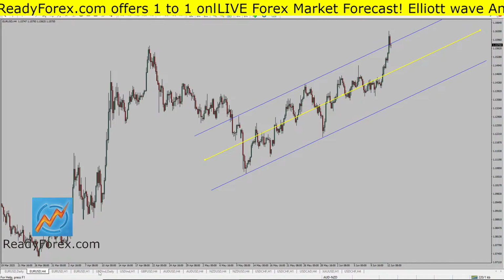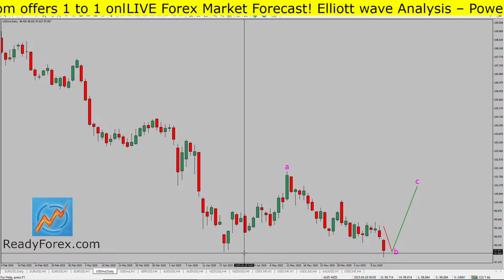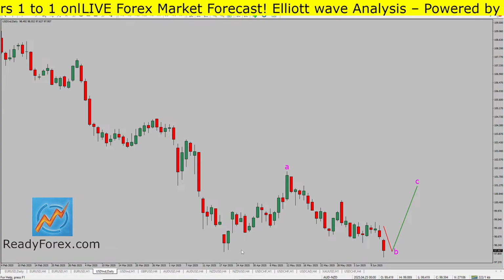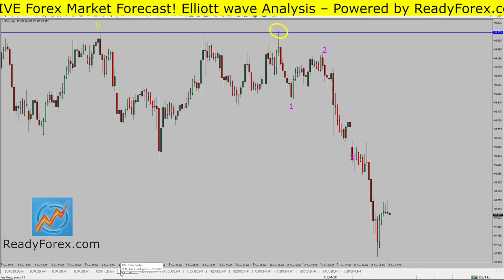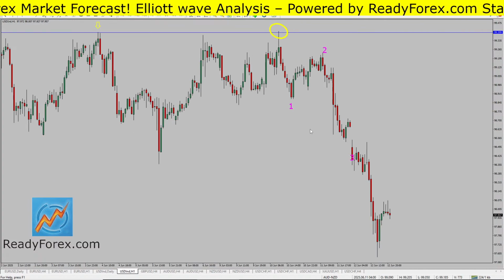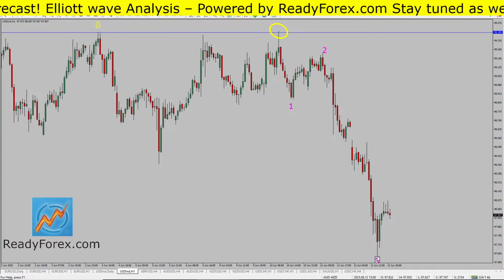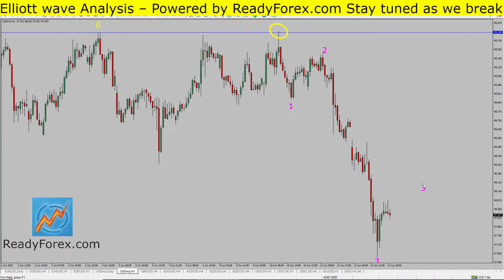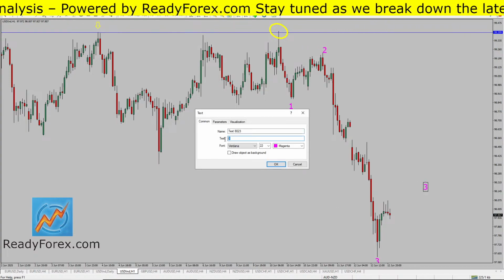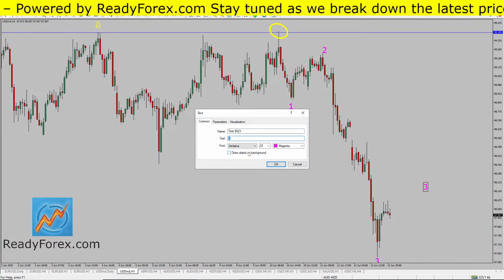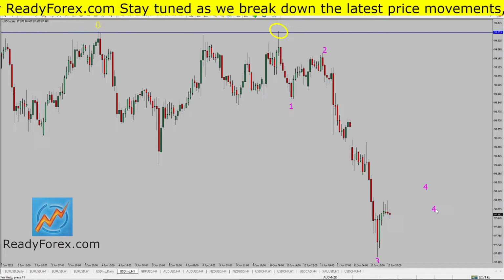Next, let us take a look at US dollar. And the answer is yes, we are expecting a bottom, but the question is, we got this as wave 1, wave 2 and wave 3, and where is wave 4? Well, wave 4 is going to take time most likely.